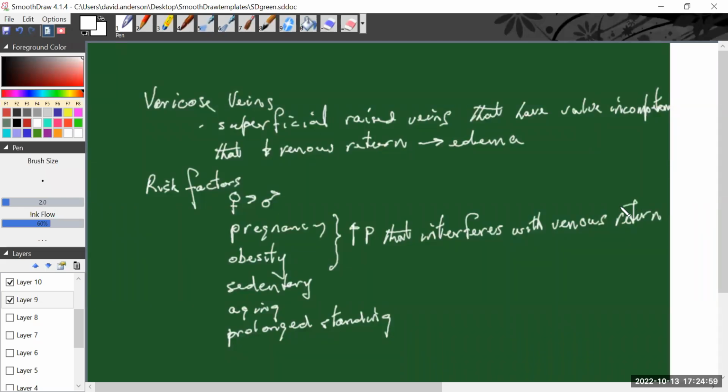If we increase pressure, abdominal pressure, increase external pressures on the veins, they're not going to be as effective at returning. And the sedentary factors increase stasis, and that interferes with venous return. So if we interfere with blood flow, we're going to interfere with venous return. This reduces the muscle pump.